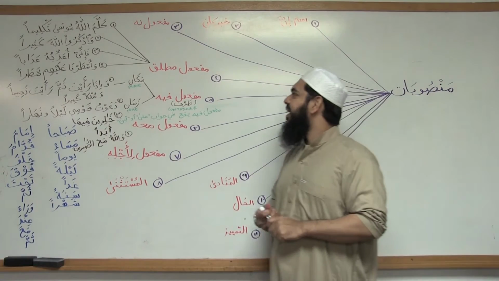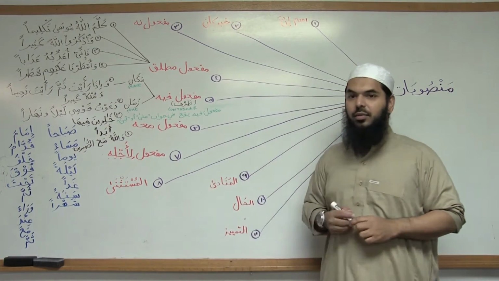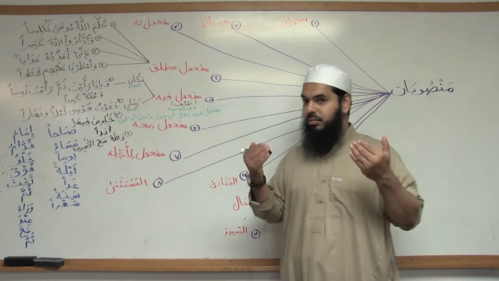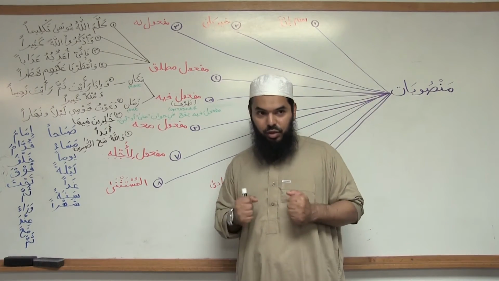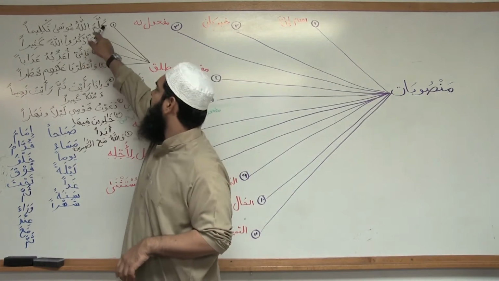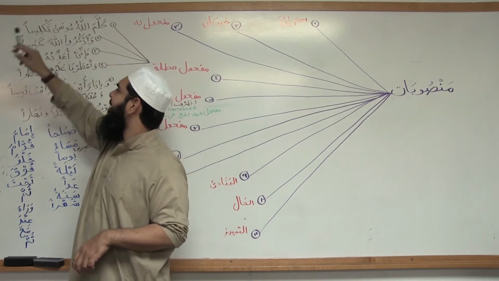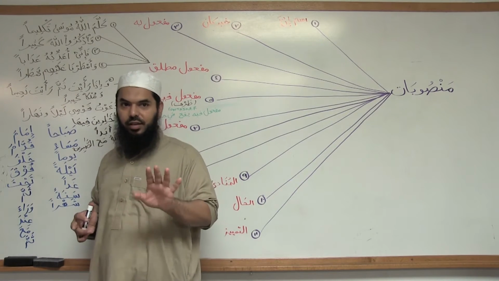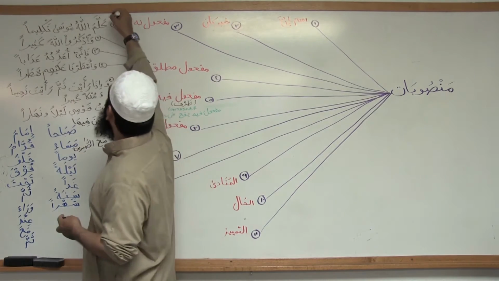Woohoo! Tayyib, Maf'ul Mutlaq. We already did this as well. But we're going to do it again a little bit, just to make sure you get it and you get it really well. Tayyib. So, when we look at Kallama Allahu Musa Taklima, right? In the Quran. Tayyib.